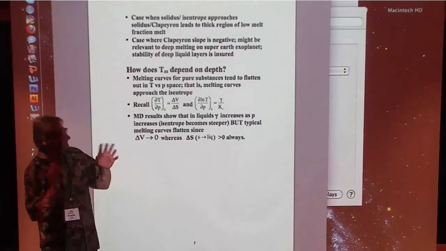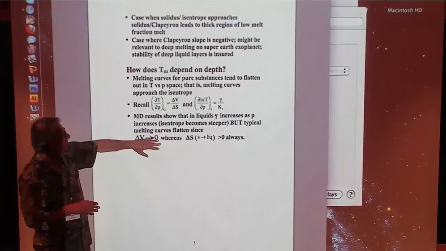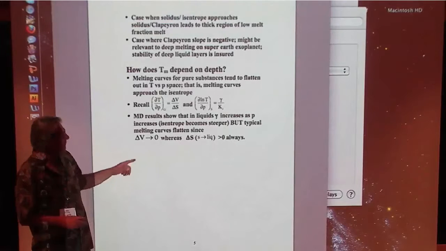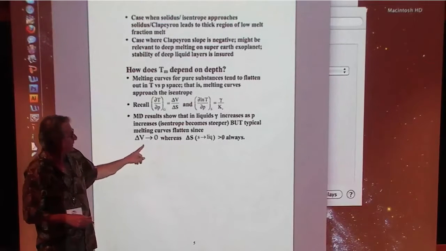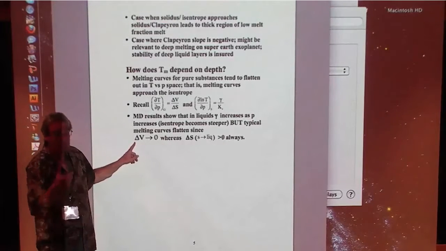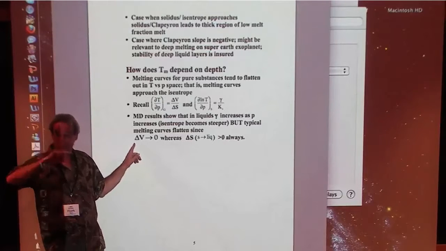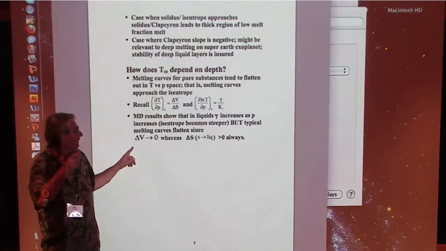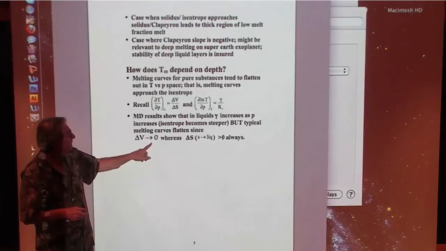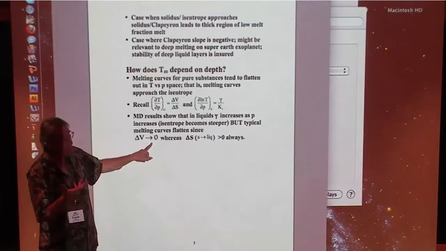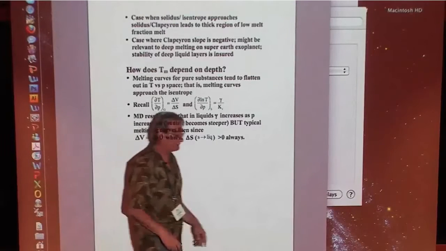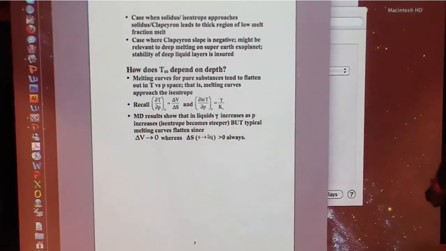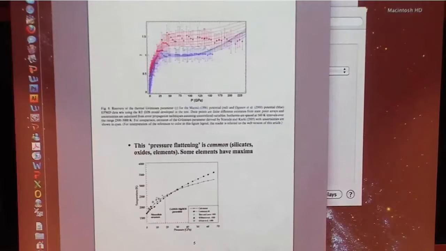Even Donald Trump, well, no. Okay, but the really cool thing is that delta V here, which is basically saying, is the liquid denser than its parent solid or less dense? That actually can go to zero and actually can be negative, right? I mean, ice and water, right?